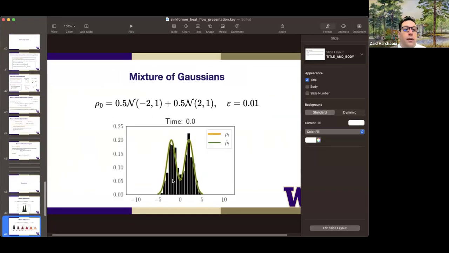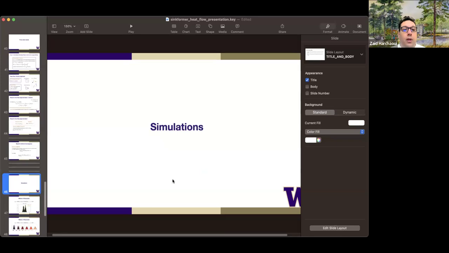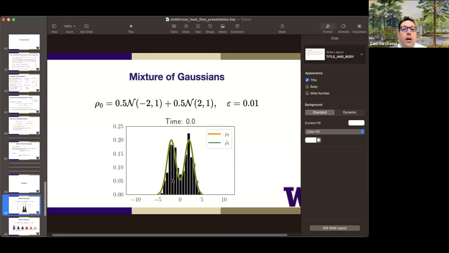Okay, so now I'm going to show a few simulations. Say you take a mixture of Gaussians for the particles, a distribution of particles that is bimodal. On the one hand, you have a Gaussian that is kind of tilted to the left. On the other hand, you have a Gaussian on the right.